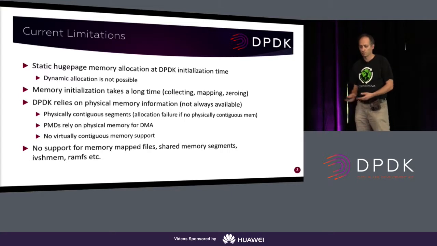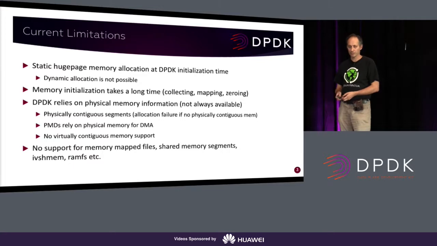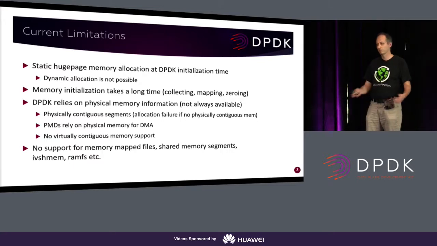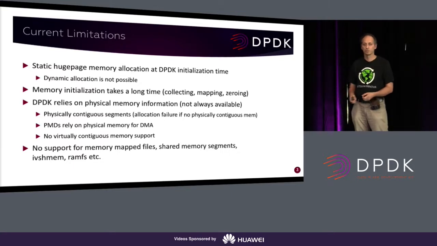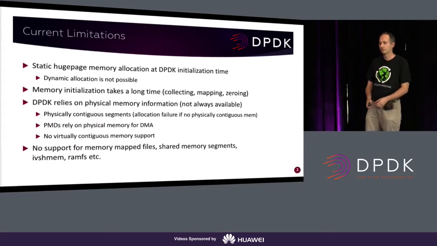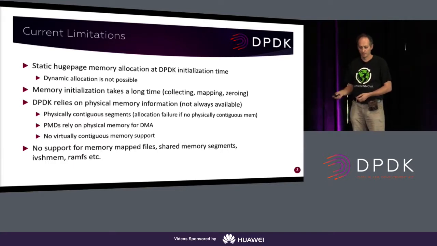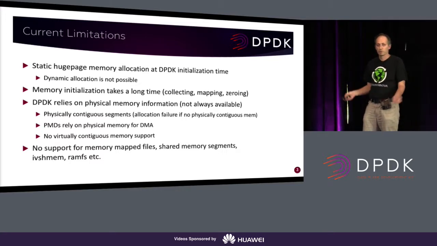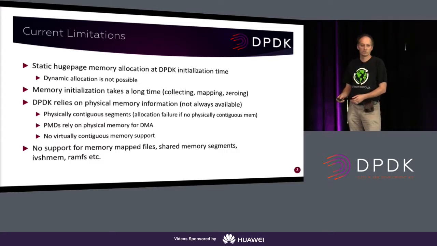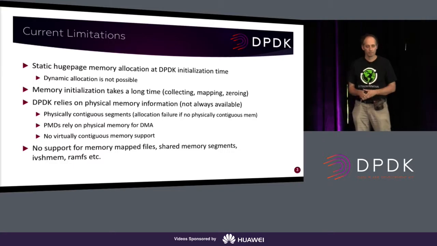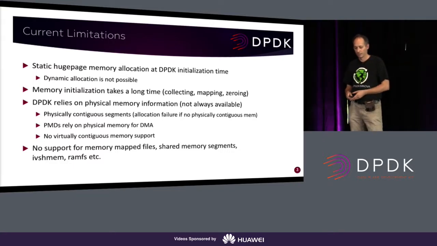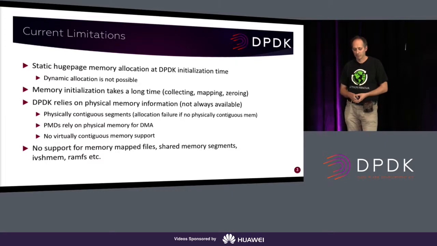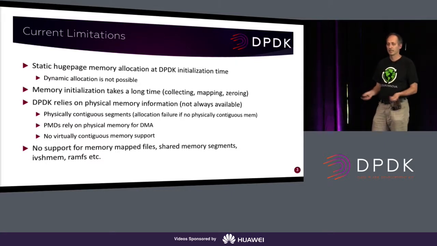Then memory initialization takes a very long time, because collecting and zeroing the huge pages for a huge memory area takes a long time, and people complain that we are zeroing even if it's not really needed. There is also the physical memory dependency, which will improve with this new type of memory management, and basically no support for different types of memory.